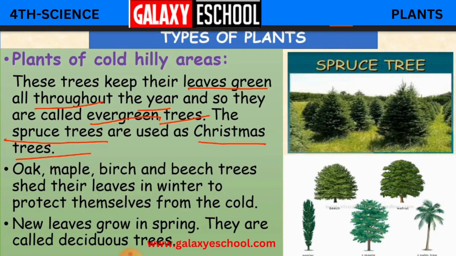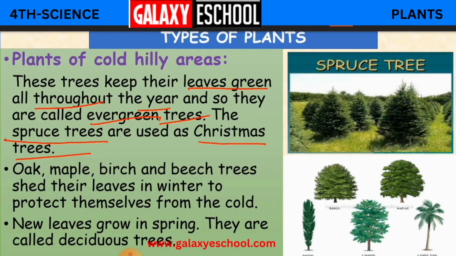If you observe it, it has a cone shape, and the leaves are always green in color. So this is an example of an evergreen tree. And oak, maple, birch and beech trees shed their leaves in winter to protect themselves from the cold.